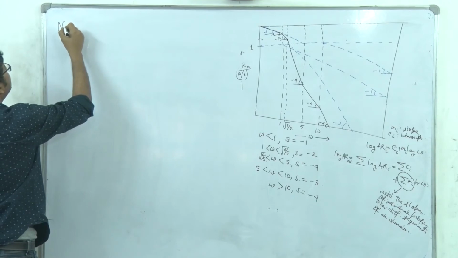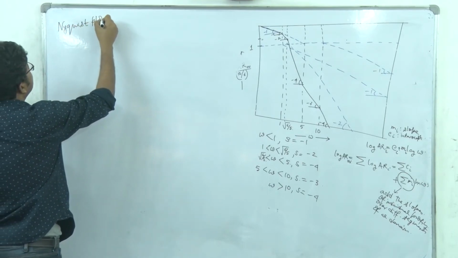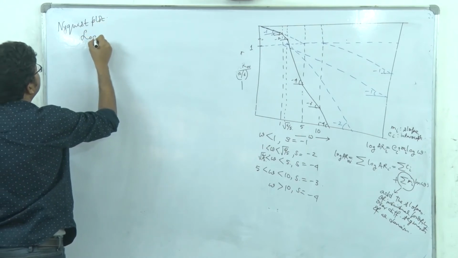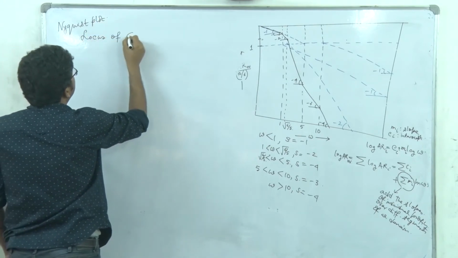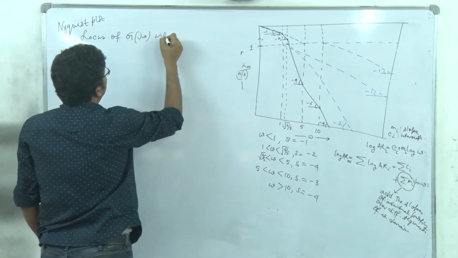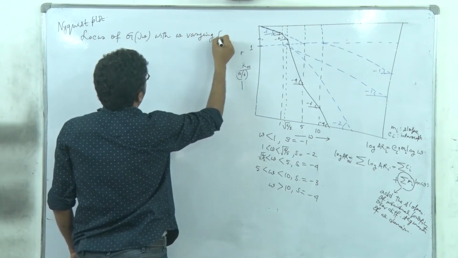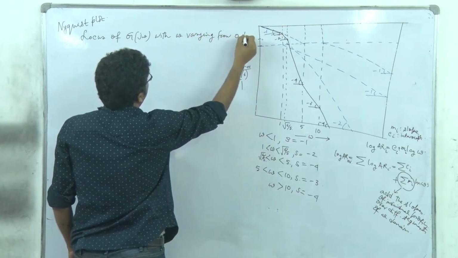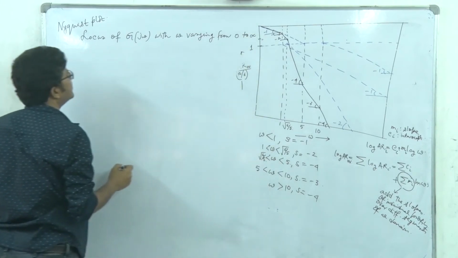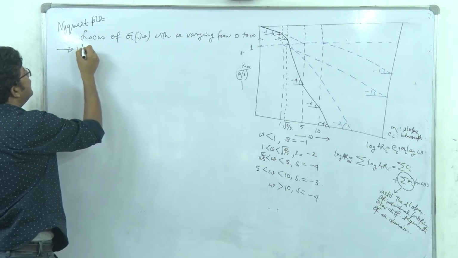So our topic is the Nyquist plot. It is basically the locus of G(j omega) with omega varying from 0 to infinity. Right. So you see, first order system.